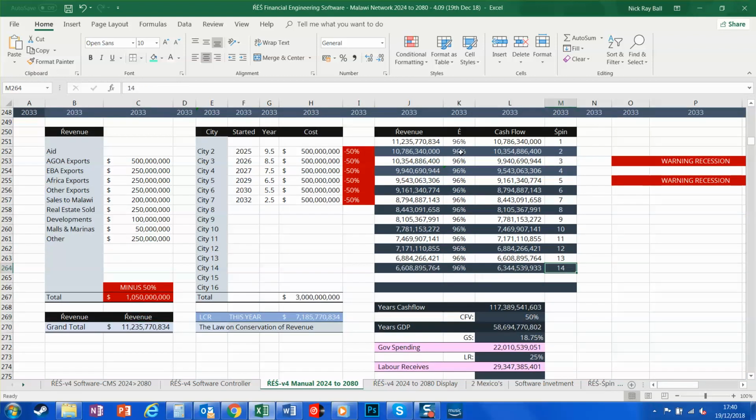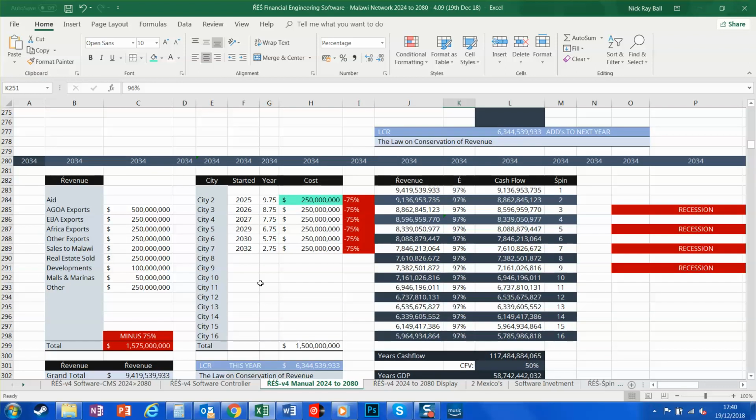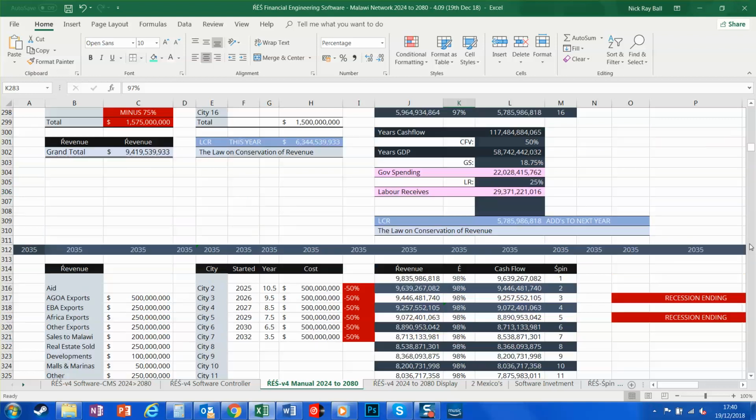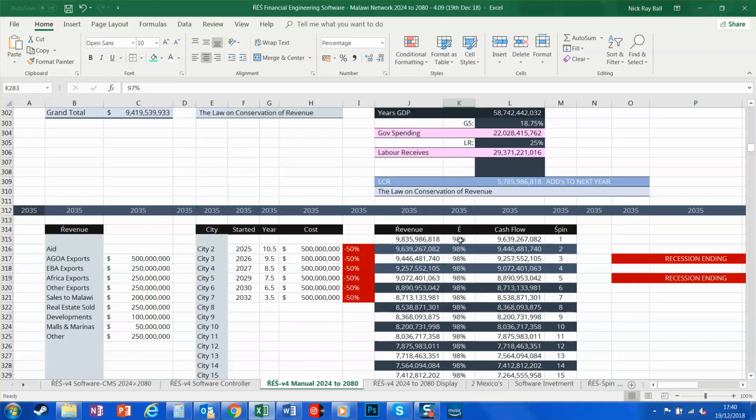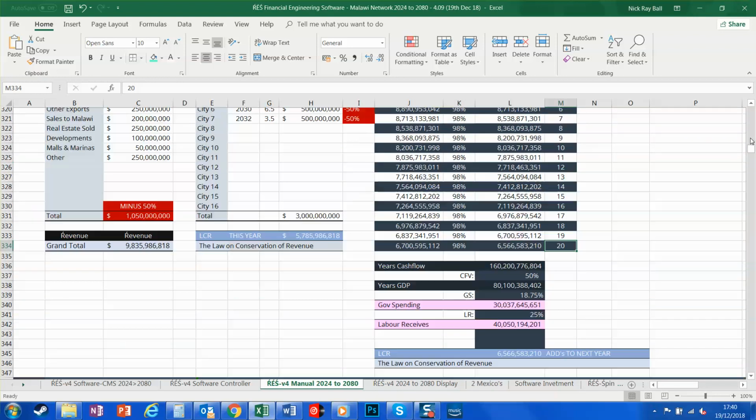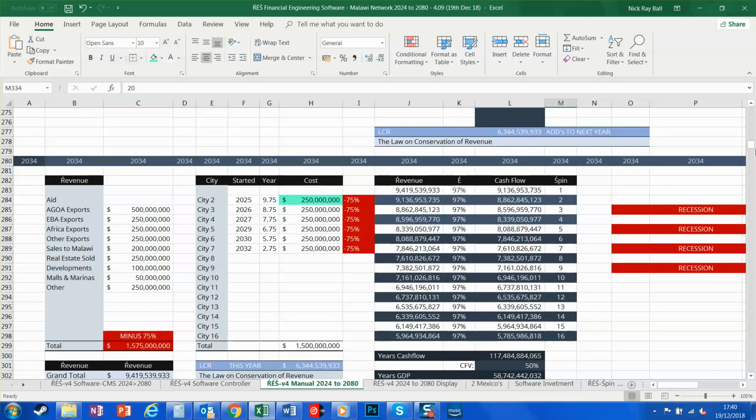Up to 14, and that has gone up to 96. Now we go up to 16, 97, and 98%, and 20.